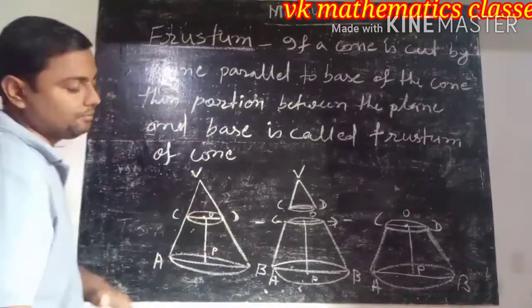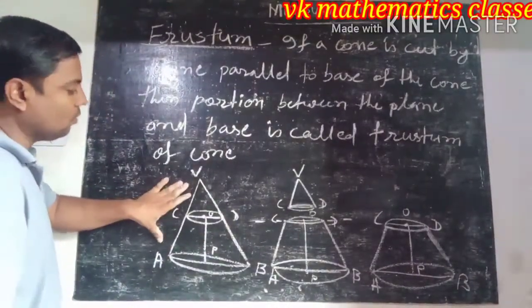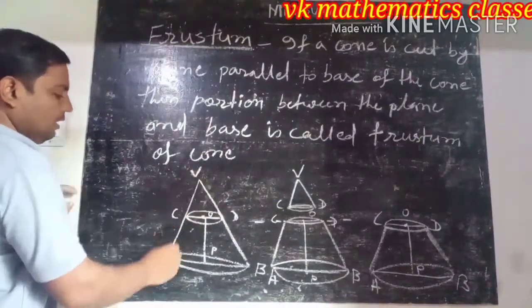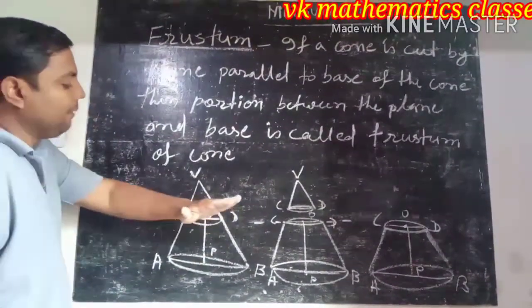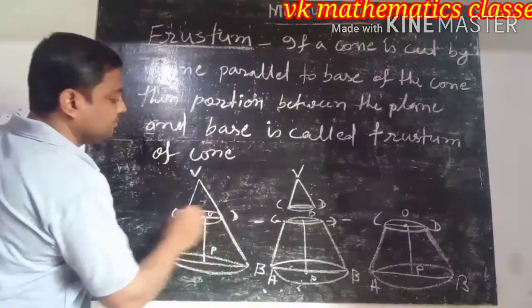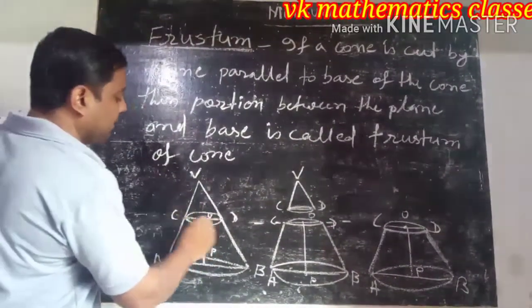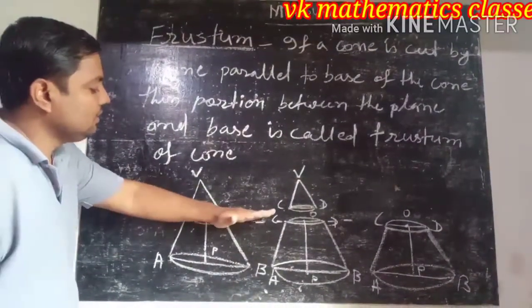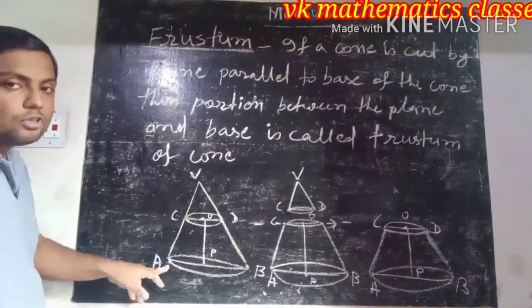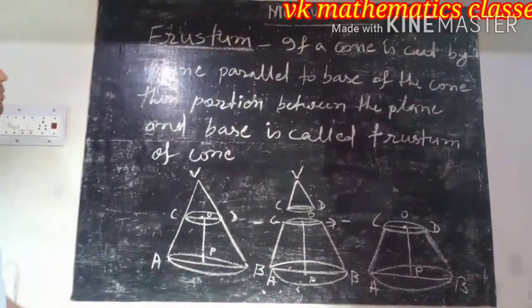Suppose this is the cone VAB, cut by a plane CD, which is parallel to the base AB.